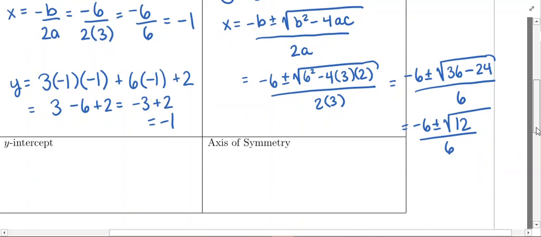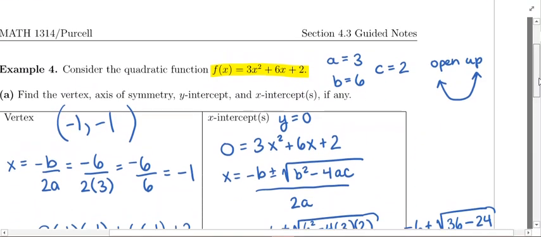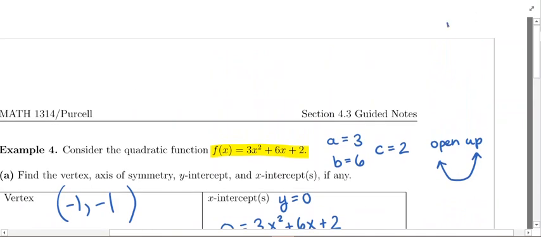Okay, we got to simplify this. We don't know the square root of 12 off the top of our heads, but let's go ahead and try to simplify it. We've talked about how to simplify square roots when we did circles. Same rule applies. If you make a factor tree for 12, this breaks down into 3 times 4. 3 doesn't break down anymore, but you can break 4 down into 2 times 2. And then the 2's don't break down anymore.